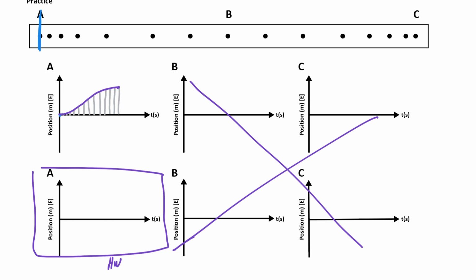So you can see initially the object is kind of starting to speed up, and then in this region it moves at a constant speed, and then it slows down towards the end. So having said that, you can try this one on your own and see it, and I will try to post the solution to that homework one later.